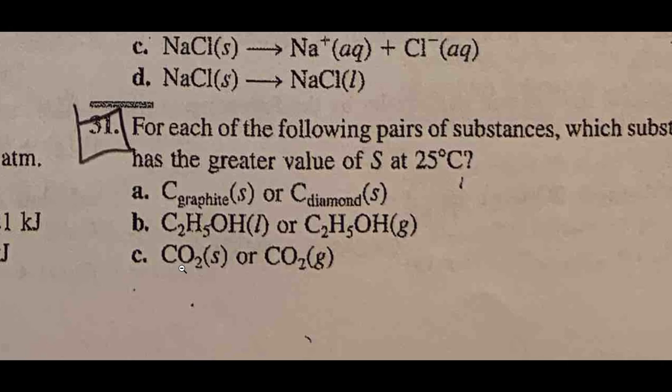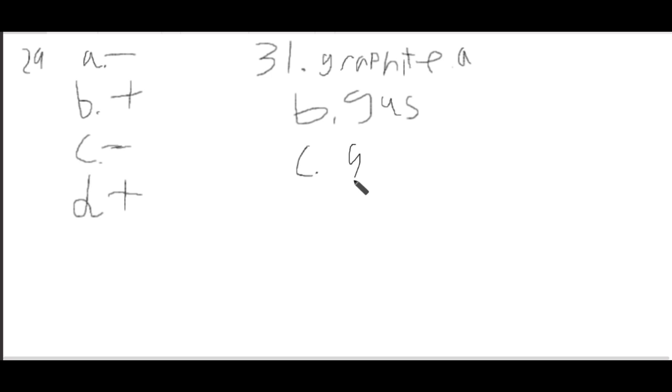Gas being very highly favored by entropy. Most things. So we have CO2 gas. CO2 gas is much higher in entropy than the solid CO2. And that is all of the questions you had.